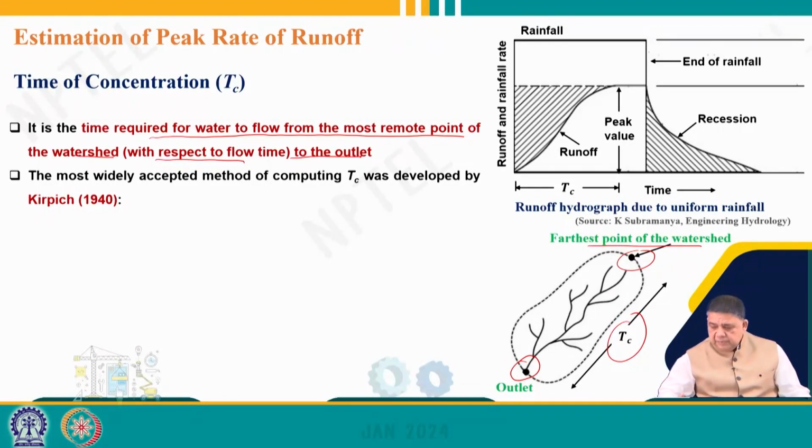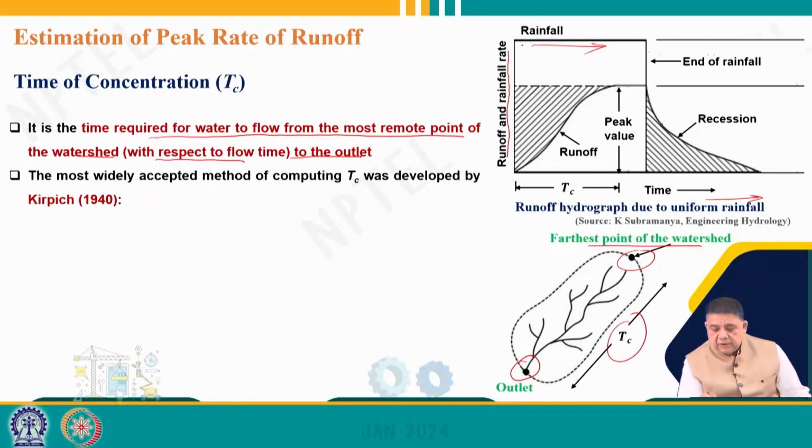The significance of this can be understood from this figure here, which simply shows the runoff and rainfall rate. This is the rainfall rate, and of course, the runoff generation, runoff is here, and on this side it is time. So, what is happening here is that this assumption says that rainfall intensity is constant.